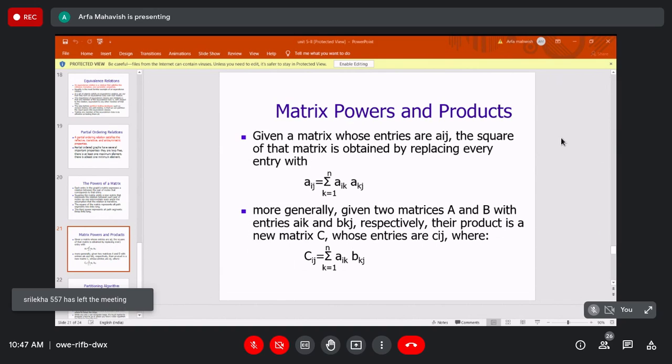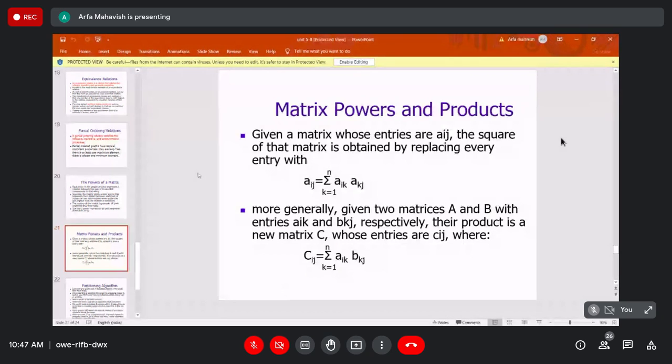So you have the matrix A, and if you have the power 2, then you write that matrix as A squared. For example, you have the 2 by 2 matrix 1 2 3 4, and we are going to calculate the A power 2 matrix.